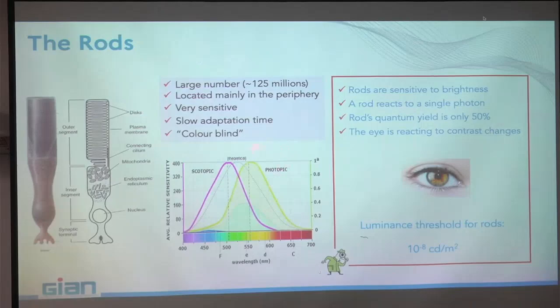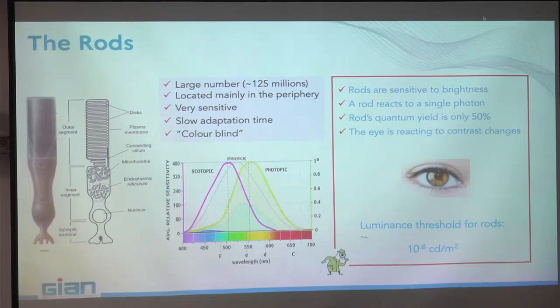When you are in daylight, they are working in photopic conditions. When you are in a night without moon, without any other source of light beyond the stars, they are working in scotopic mode. You see, you pass from yellow-green light here to more bluish light there. I will speak about that. And when you are in twilight conditions, the response is between.